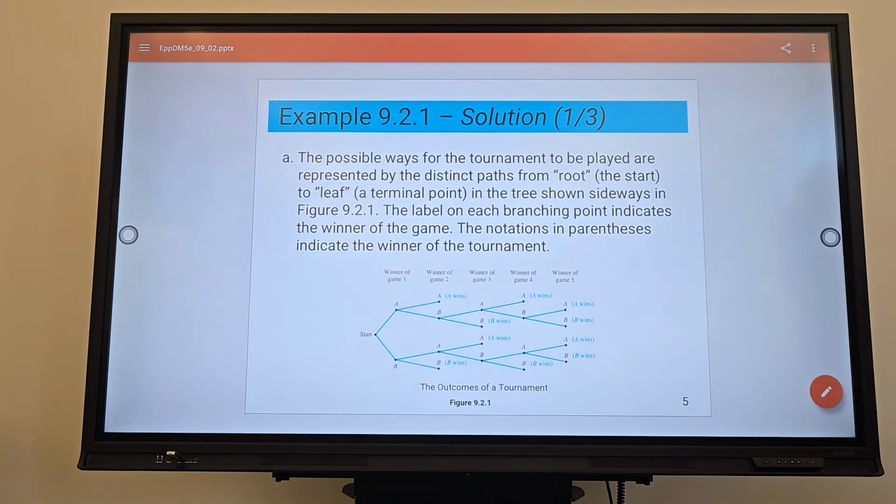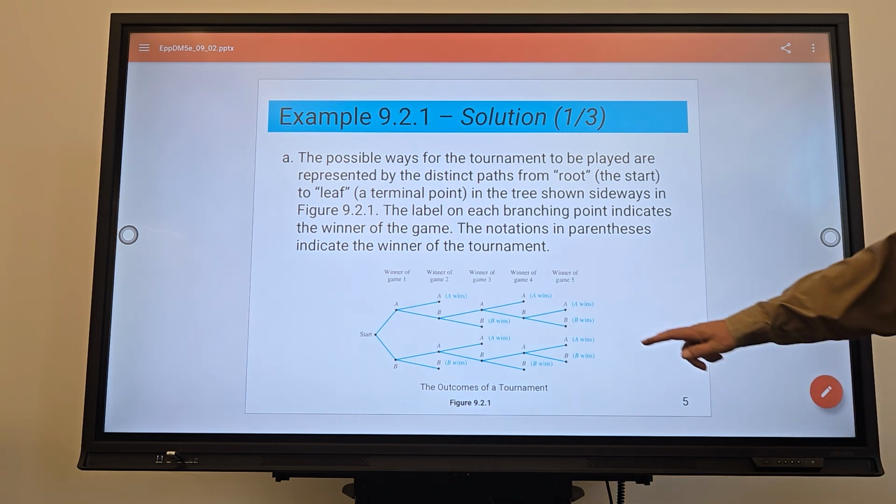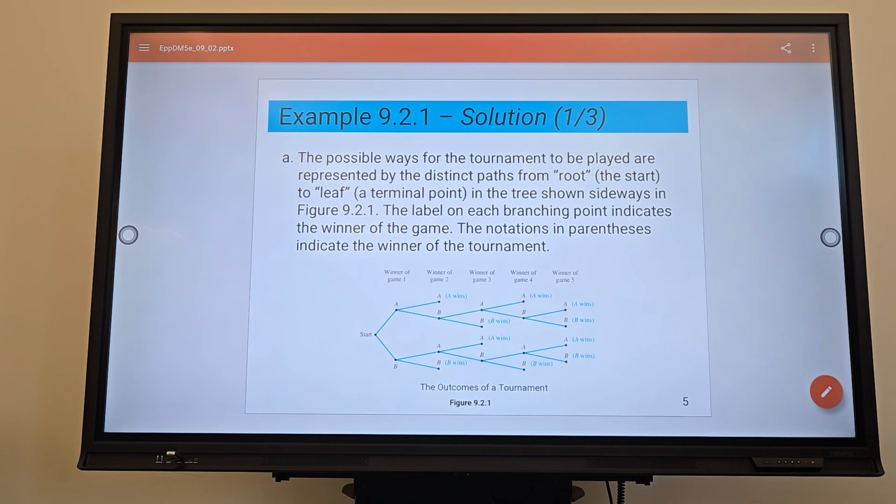The possible ways for the tournament to be played are represented by the distinct paths from a root, or the start of the tree, going from the root to a leaf, which is a terminal point of the tree. The tree diagram here, shown sideways, shows all the possible branches of the tournament.